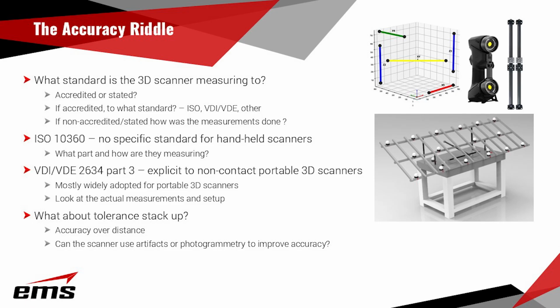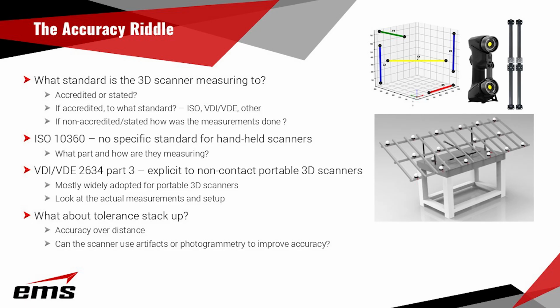So as we talked about, ISO 10360, there is not a specific standard for handheld scanners, but people are using different parts of it. And that's fine, as long as they're telling you what they're measuring, how they're measuring, what the results are. Okay. I'll dig into this a little deeper in a minute.